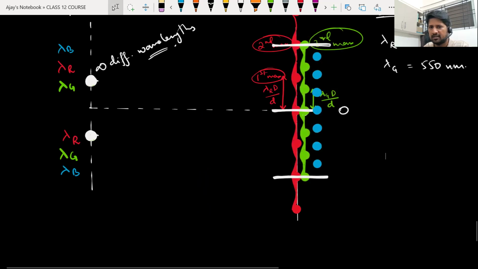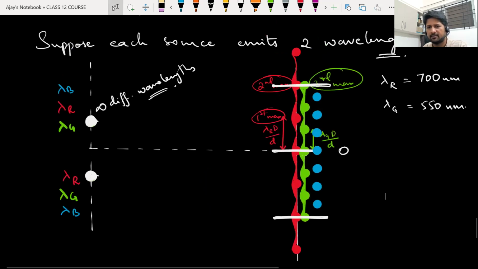Are you able to understand what happens if multiple wavelengths are emitted by the sources? Yes or no? Sir, can you repeat it? I'm just asking, are you able to understand what happens when multiple wavelengths are emitted by the sources? Yes, sir. Now see, when red and green were emitted, there were some positions where red and green coincided.